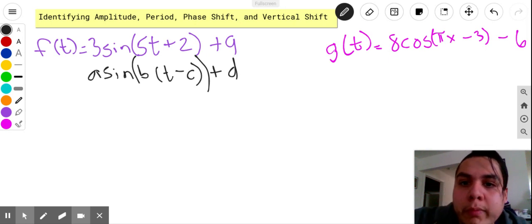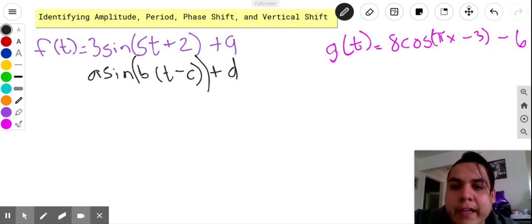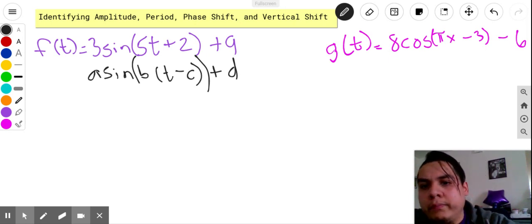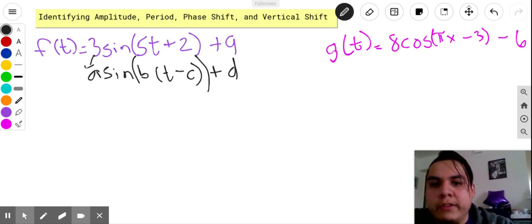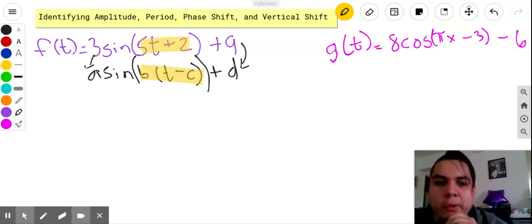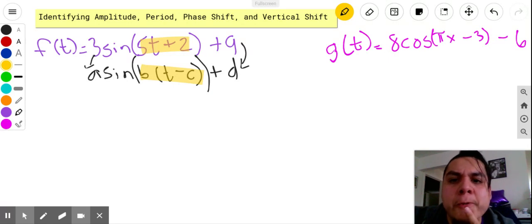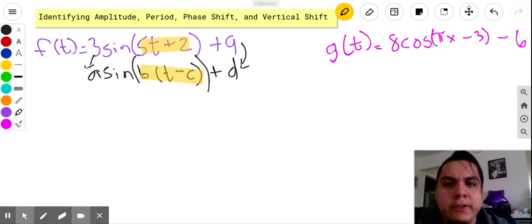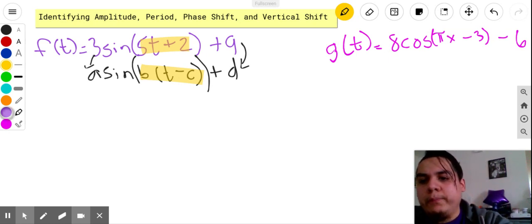All right. So based off this, I can kind of see how things line up. No brainer, that's A, that's D, but it's this part inside the sine function that I have to do a little bit of work on. So I need to make the yellows match.